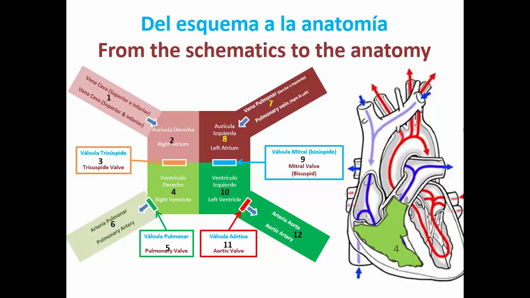Now, something to look at first before we go on is that this schematic doesn't show necessarily the right direction of the heart. Here, these two are pointing down, and as you can see here, there is no artery pointing down. And when you think about it, it's quite logical. What's the next step after the right ventricle? It has to go to the lungs.